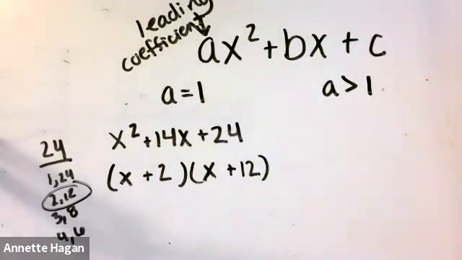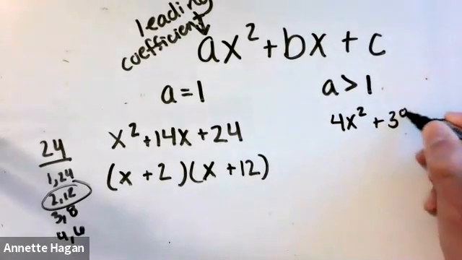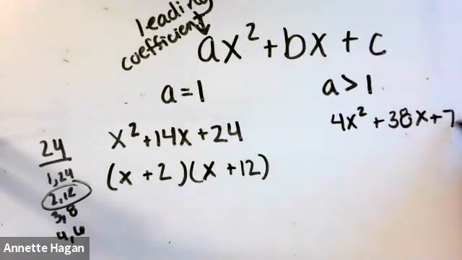The problem that comes around is when we see trinomials that have leading coefficients greater than 1. So for example, let's say I gave you 4x squared plus 38x plus 70.